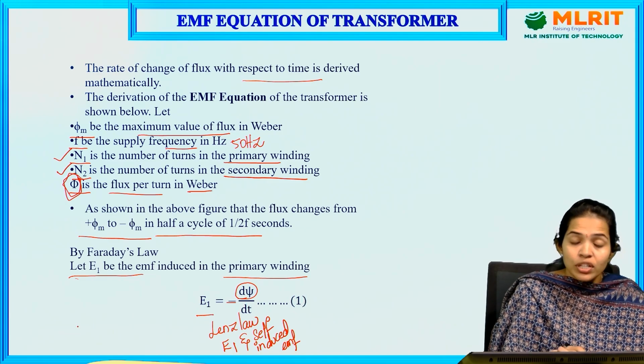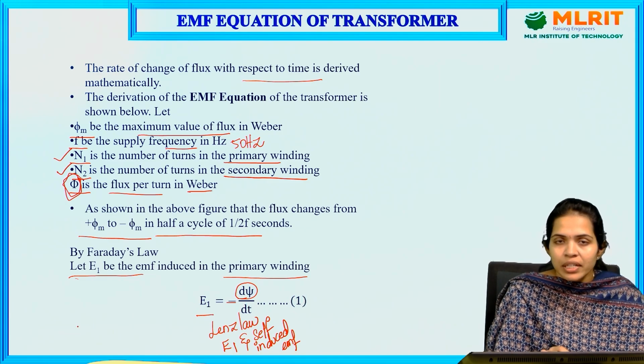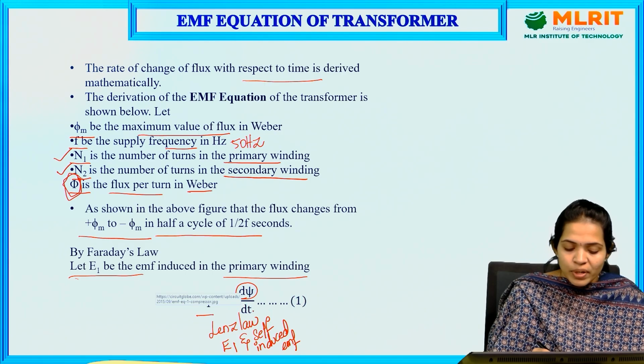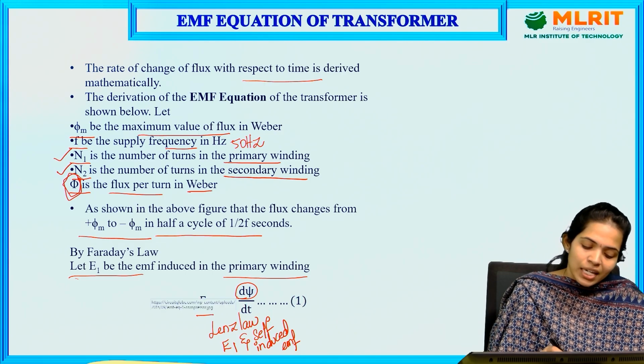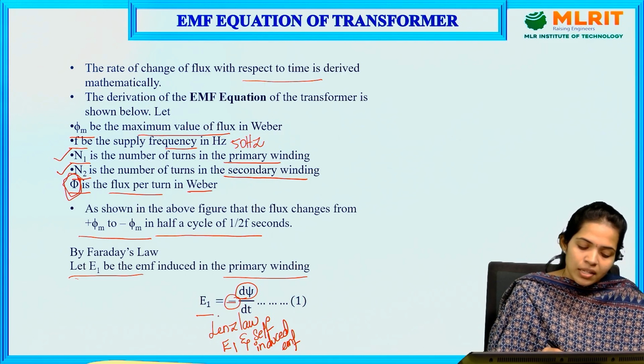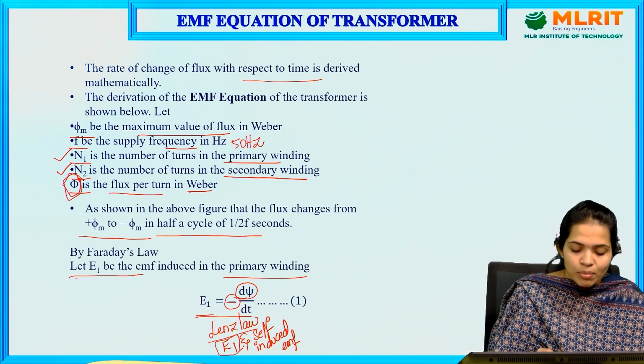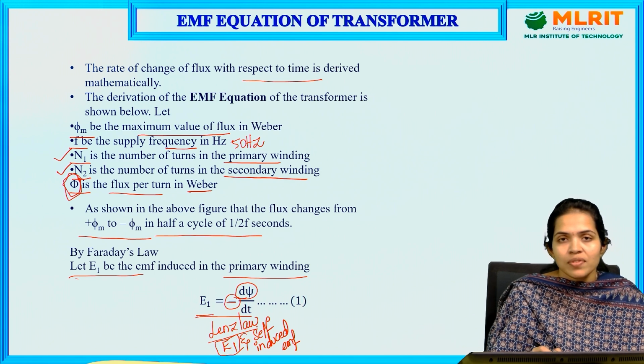So according to Faraday's laws of electromagnetic induction, an EMF is induced in a current carrying conducting coil when there is a change in flux with respect to time. So this negative sign in this expression is due to Lenz's law. This Lenz's law is between the mutually induced EMF and the self-induced EMFs in both primary and secondary windings.